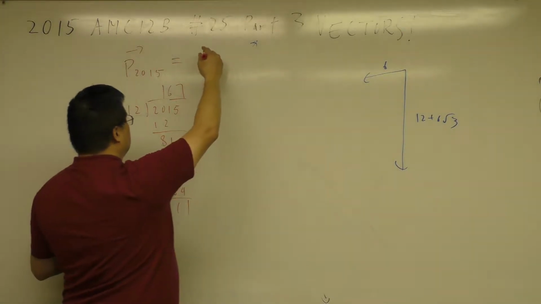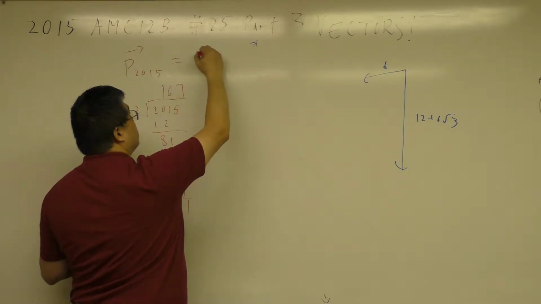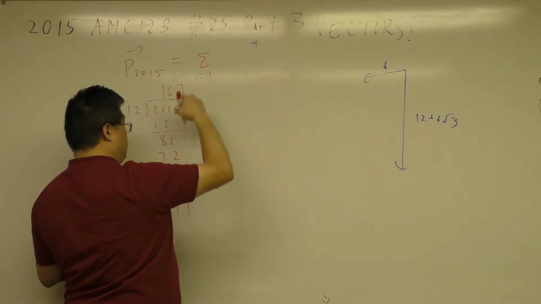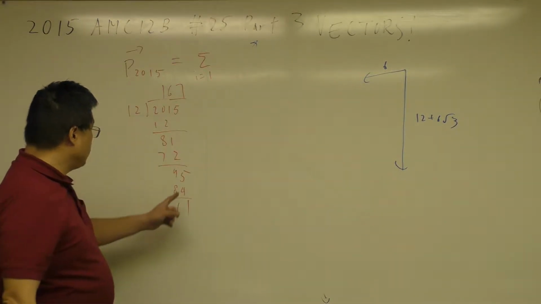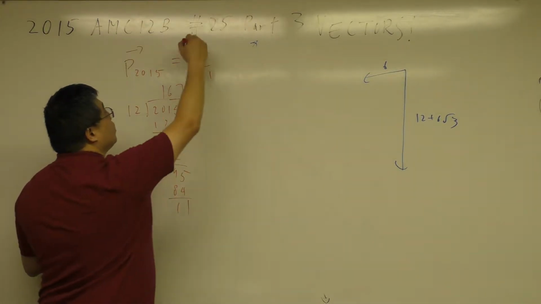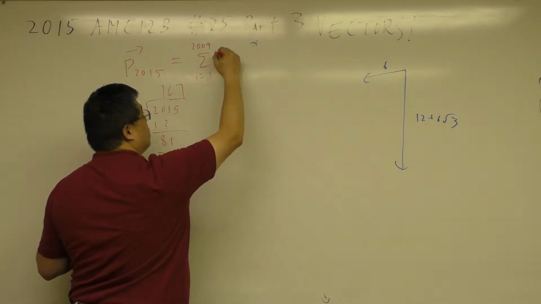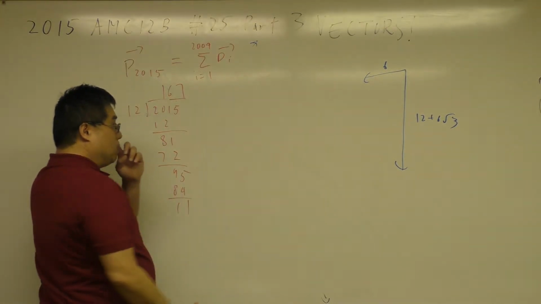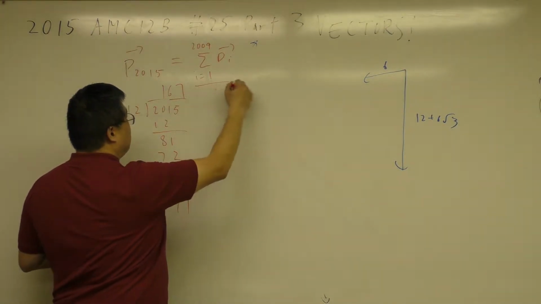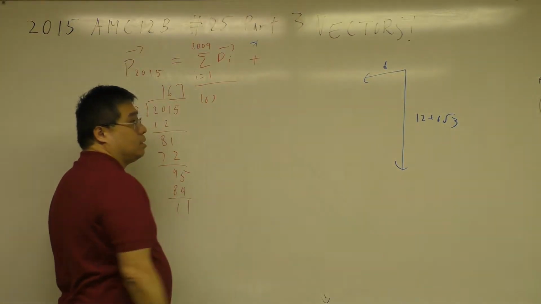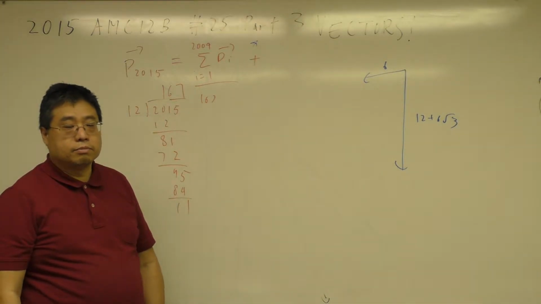So we can think about it as summation from i equals 1 to, let's see, subtract 11 from it, 2004 of the displacement vectors, which means that we're going to have 167 of these guys plus the next 11 vectors.